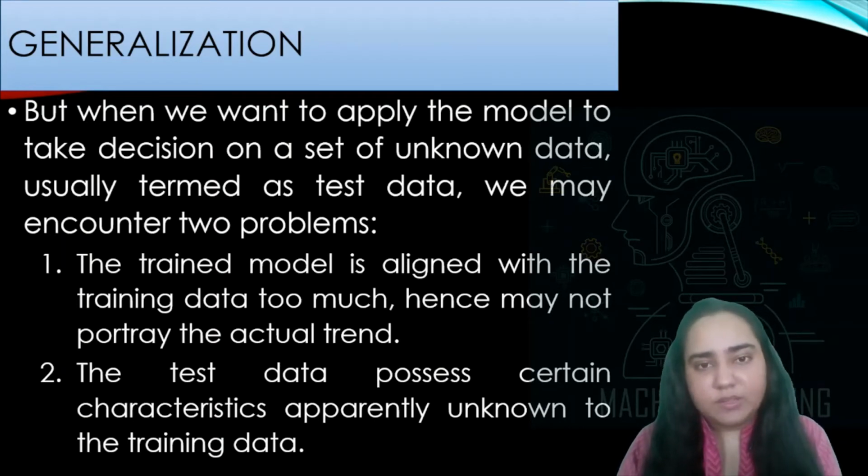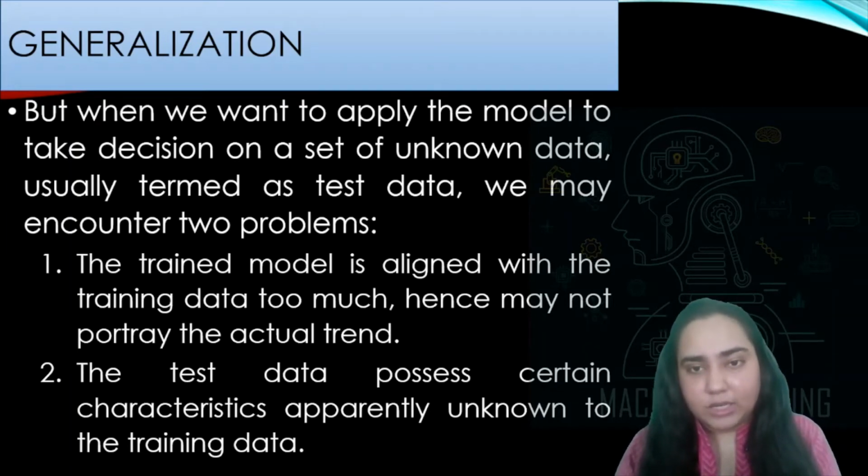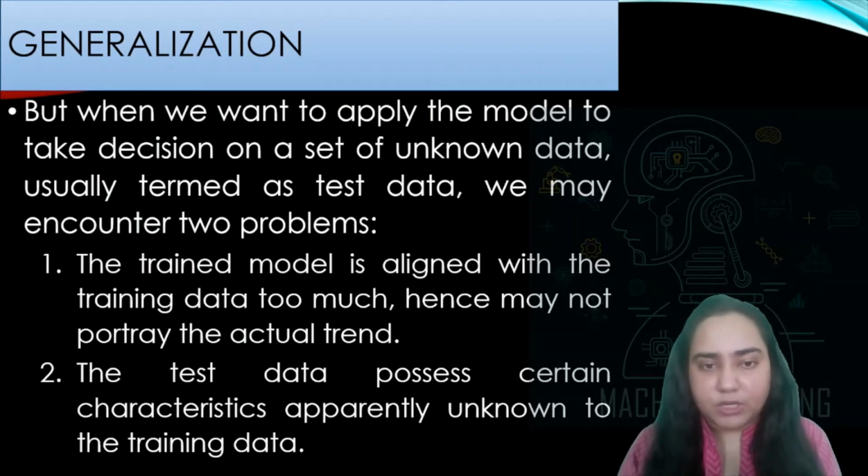So you will try to pick that model and fit it on the input data and create a trained model. Now this trained model is then going to be used on some test data to actually make the predictions. Now that is generalization, but there are two problems.